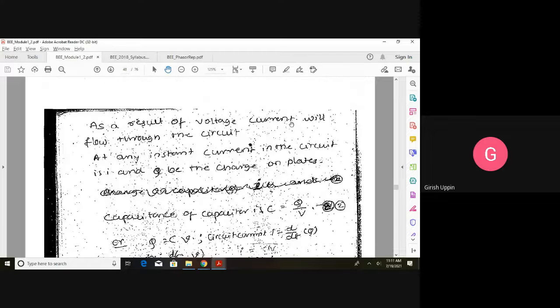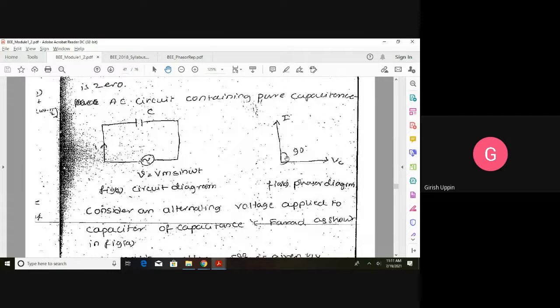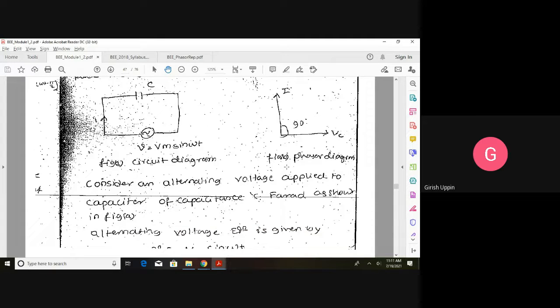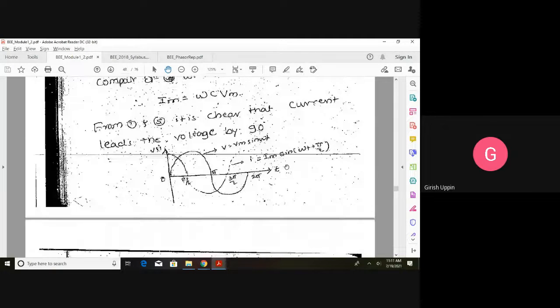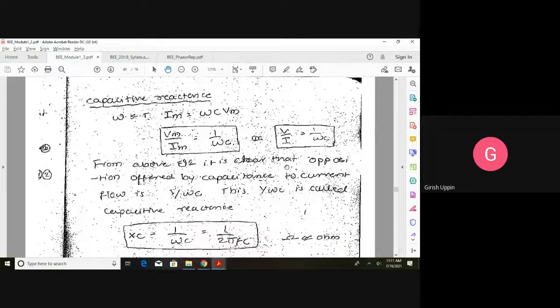How to represent this using the phasor diagram? This is the reference voltage Vc, the voltage across the capacitor. On this side it is lagging, and on this side the current is leading. So current will lead by 90 degrees. If you draw the waveform, you will clearly understand what happens when you connect the voltage source.